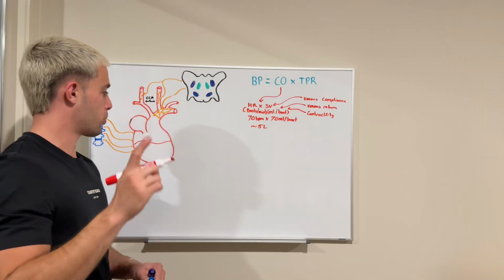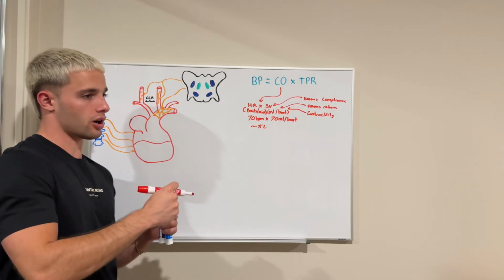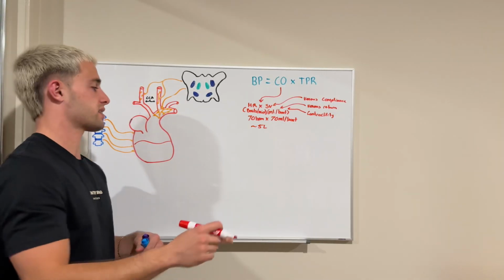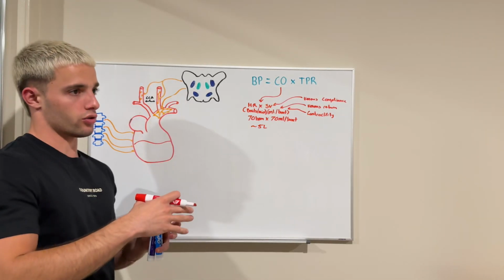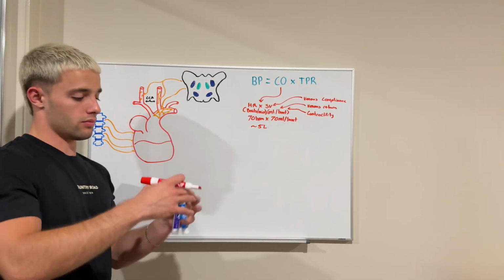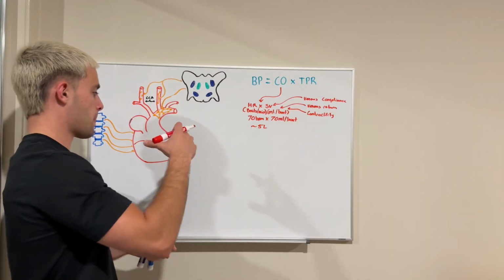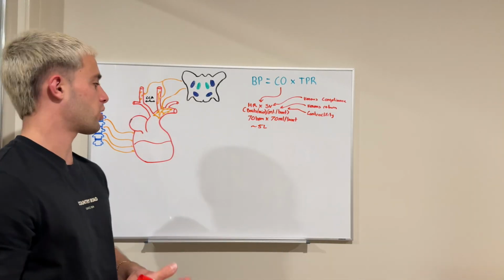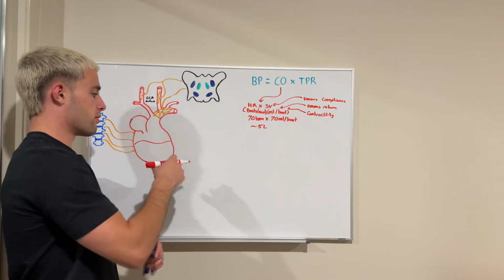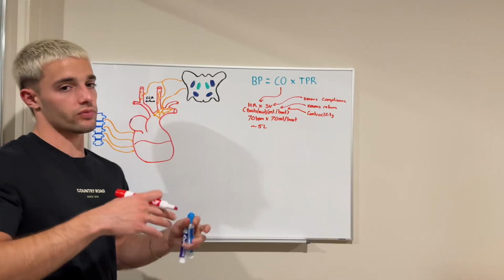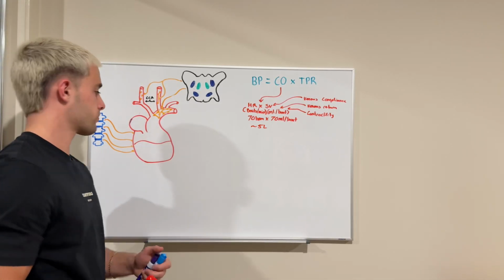We have another term called preload. That's the amount of pressure being put on the walls of the ventricle before the ventricles contract. So the more pressure on those ventricles, the more stretch. If there's more blood in there, those ventricles are going to stretch more. Therefore, they're going to contract harder, and that's the Frank-Starling mechanism. So the more stretch on that ventricular myocardium, the more it's going to contract.